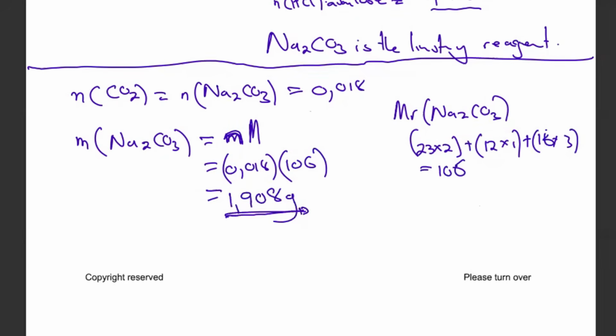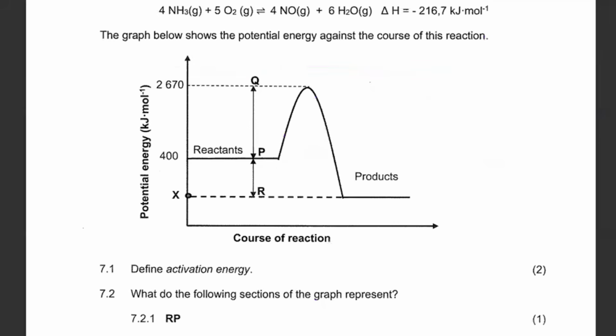Then we move on to the next question, question number 7. Consider the following reaction: 4NH3 plus 5O2, reversible reaction. Sometimes we are asked about this symbol. It represents a reversible reaction.